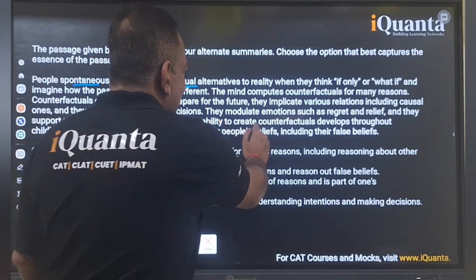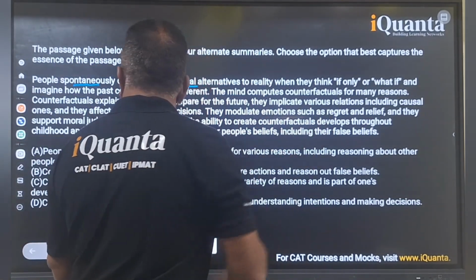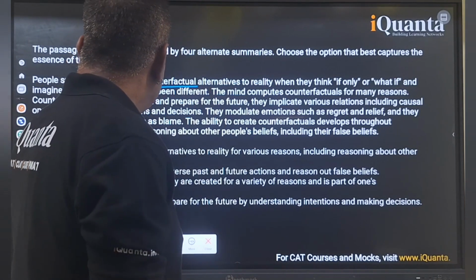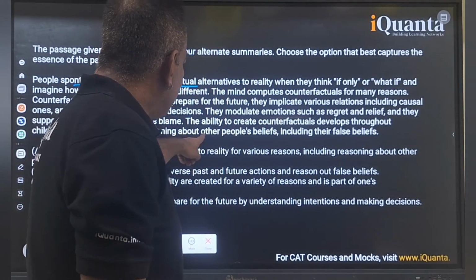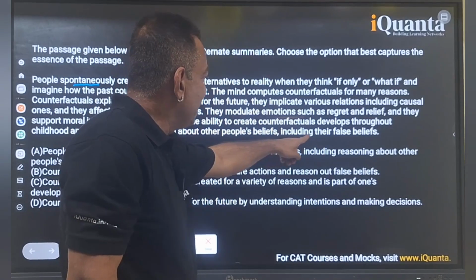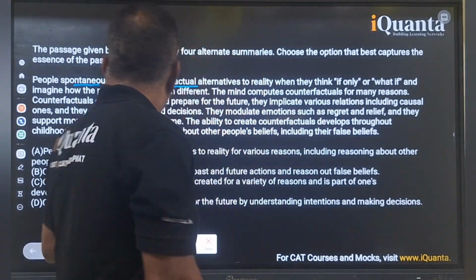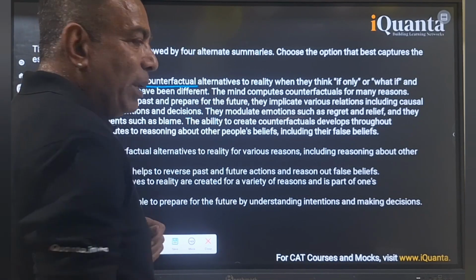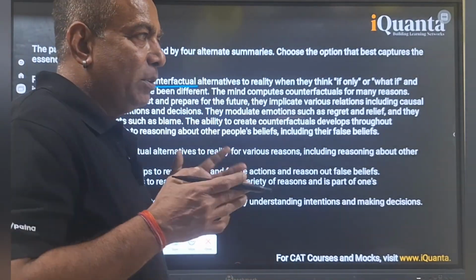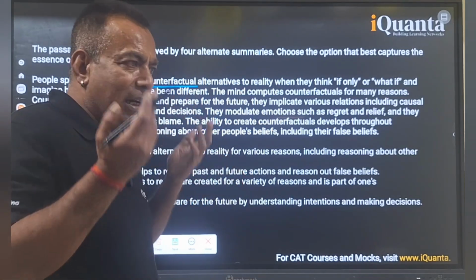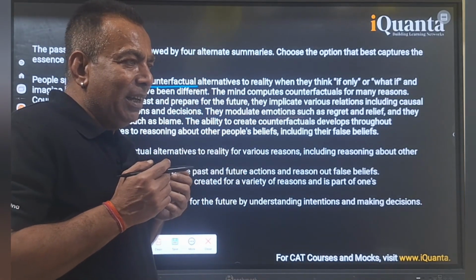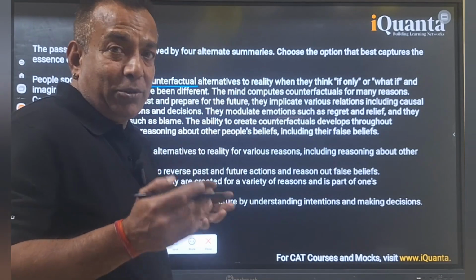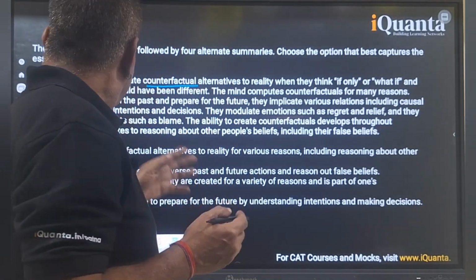The ability to create counterfactuals develops throughout childhood and contributes to reasoning about other people's beliefs, including their false beliefs. So what it's saying is that the ability to create this vision or idea in their brain, which is not true, or is false, develops throughout childhood.